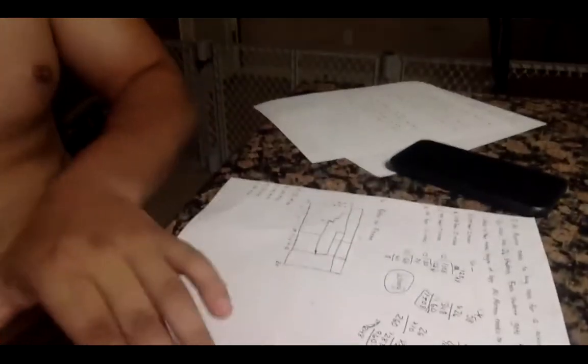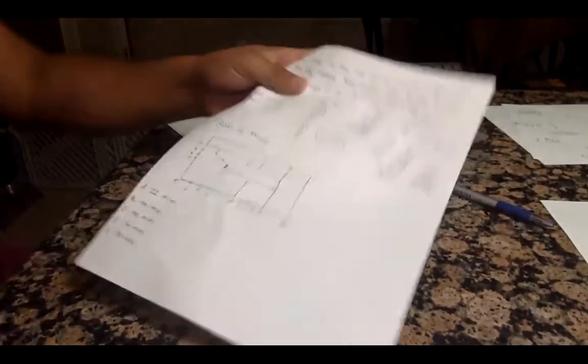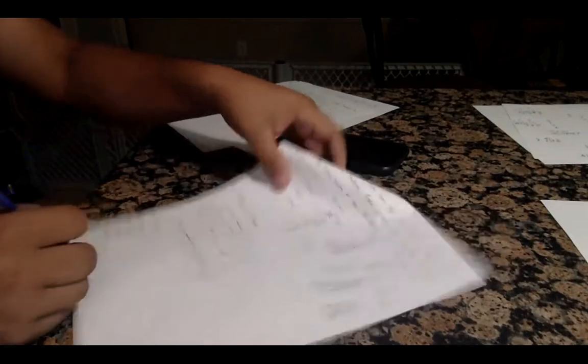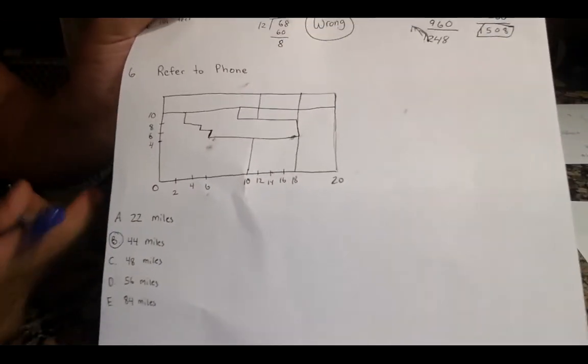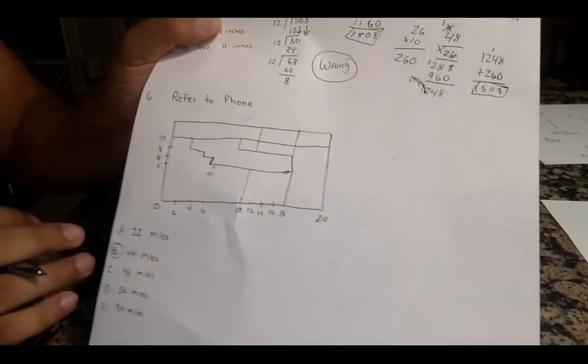Okay, let's go back here. So that was number 6, and it's B. I kind of drew it out. That wasn't really perfect.